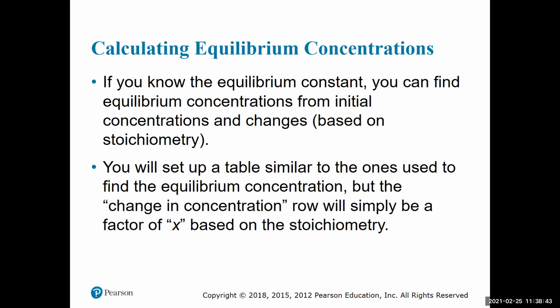You set up a table similar to what we just went through and fill in initial and change and all that. The one big difference is that row, remember we had the row with change and we had numbers. In this case, since you don't know what that is, you use the variable X. And depending on how you use that x, that's based on the stoichiometry of the equation.